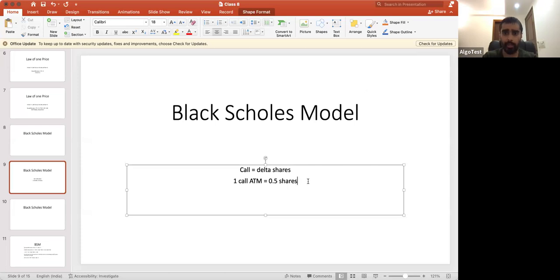I'm going to keep it in English. So this was their insight: I can replicate the payoff of a call option by being long delta amount of shares for small periods of time and for small moves in the underlying. Right. So example is this.